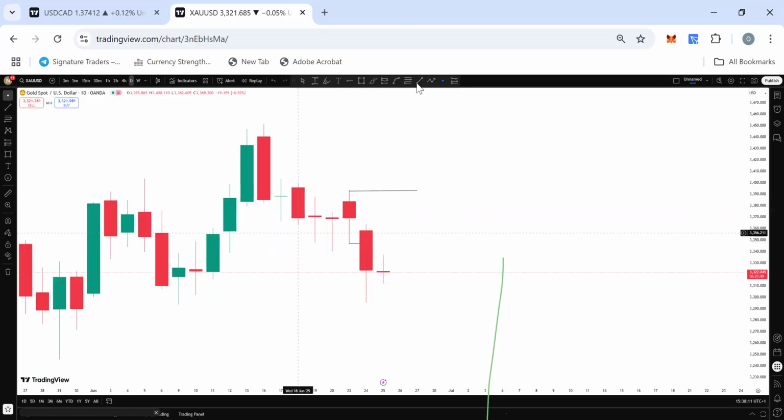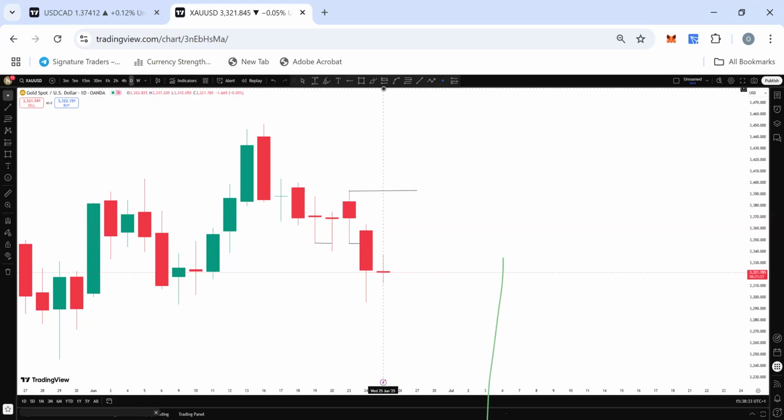This pin bar closed below this Thursday candle. This means on Monday we are going to have more buying, which this candle is indicating on gold.